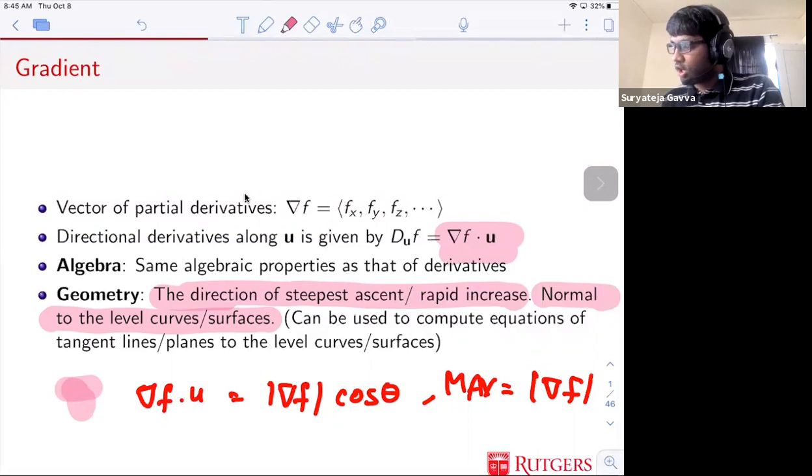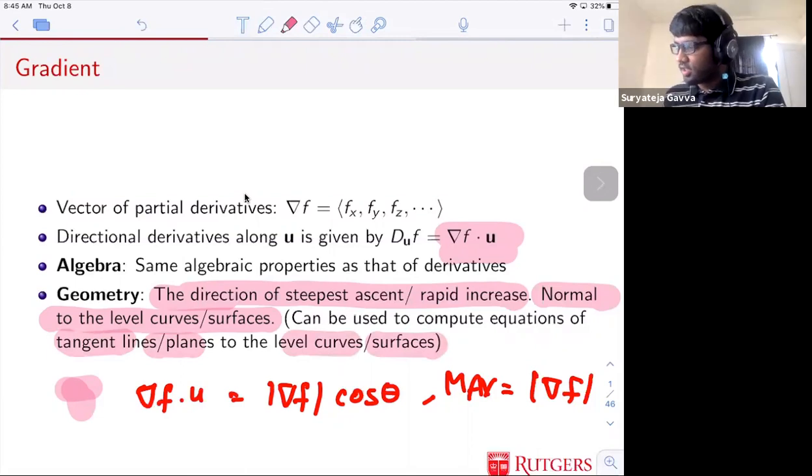We saw how this fact can be used to compute tangent lines and tangent planes to the level curves or level surfaces. This is very important information.